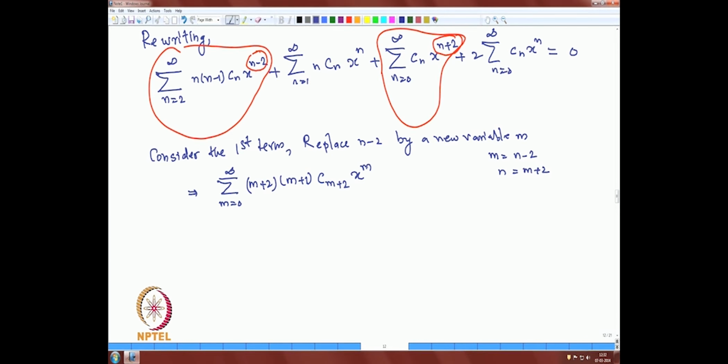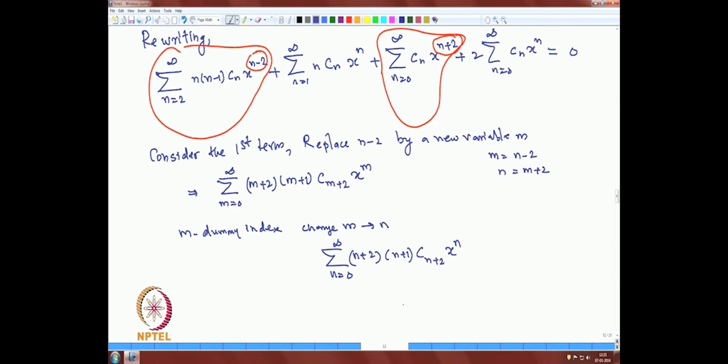Now, remember that m is just a dummy index. We can change m to n notation. So, therefore, it becomes summation n is equal to 0 to infinity n plus 2 into n plus 1 into C n plus 2 x to the power n.